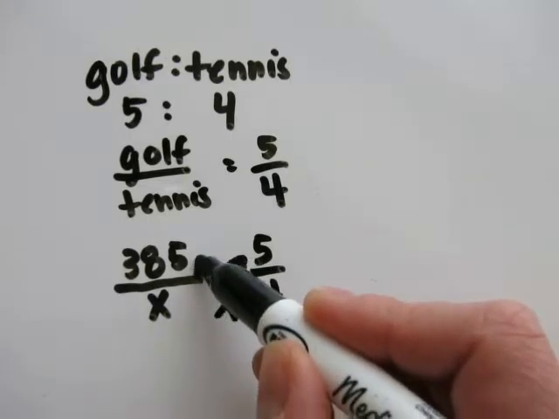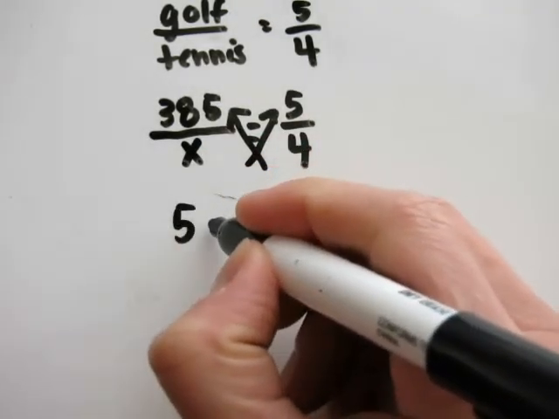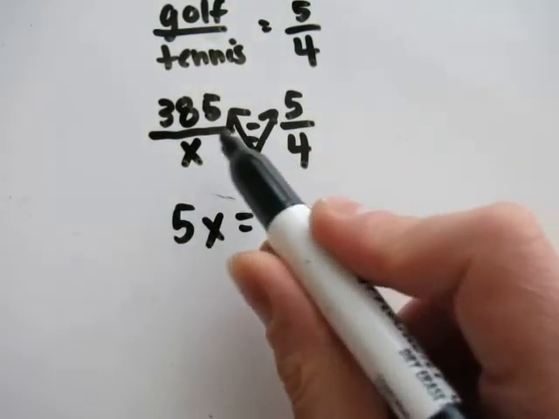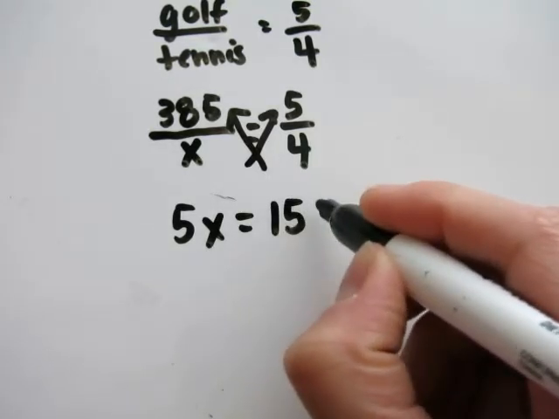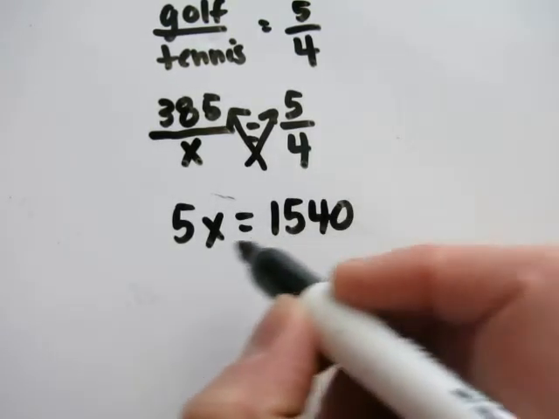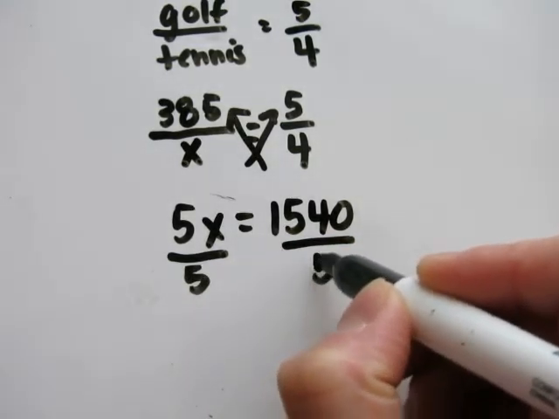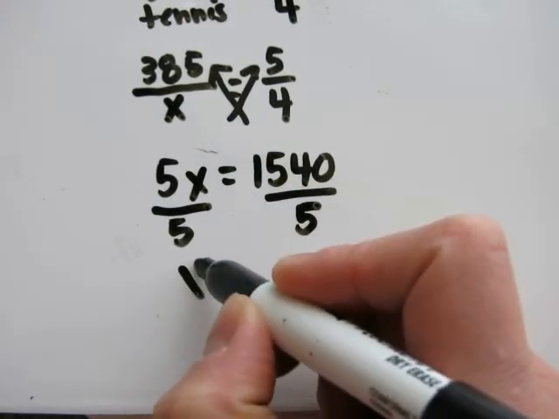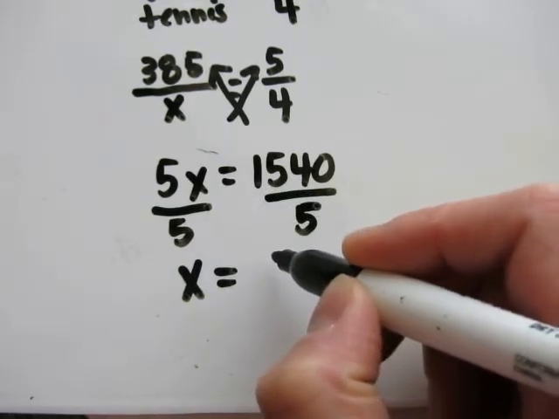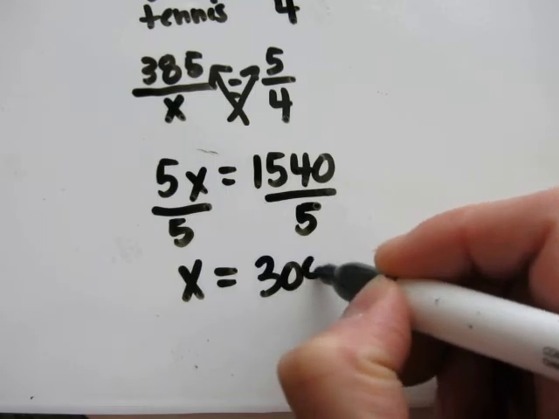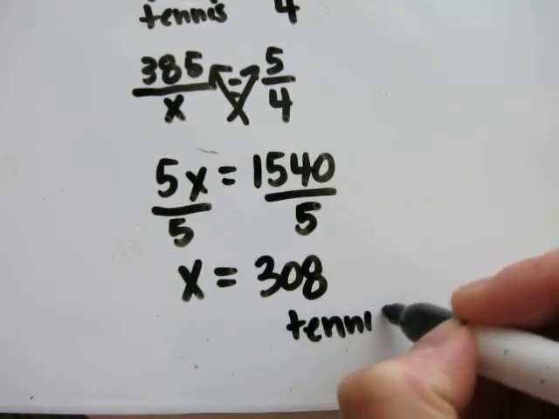All you do is cross multiply. X times 5 is 5x. 385 times 4 is 1,540. Divide by 5. 1,540 divided by 5 is 308. So you have 308 tennis balls.